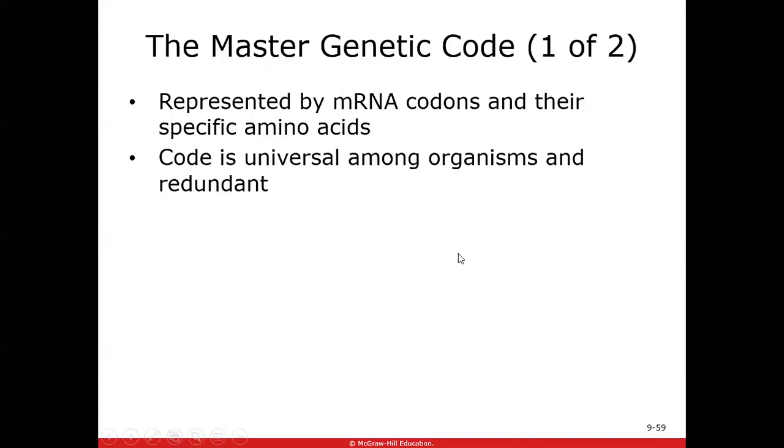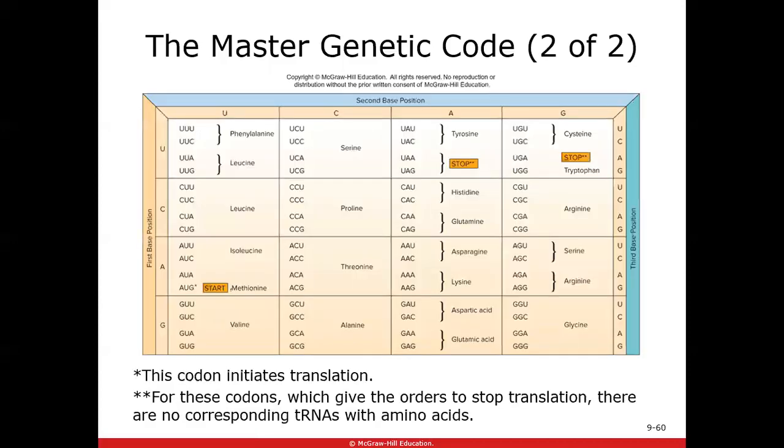This code is universal among organisms and it's redundant, which means more than one codon can code for an amino acid.